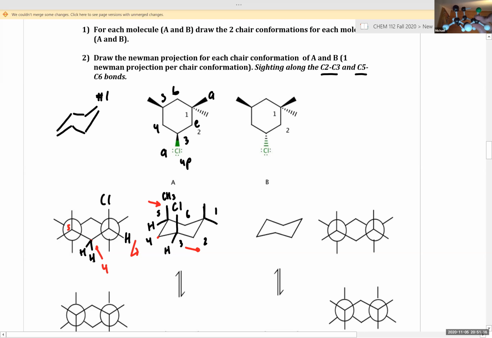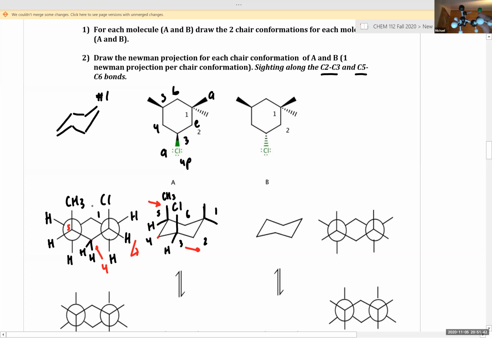Okay, now as we notice also, we have a methyl group pointing up top, and we have a hydrogen pointing to the left. Now let's fill out our remaining positions. So in the back on carbon 6, we just have our 2 hydrogens. Okay, in the back of carbon 3 on carbon 2, we have our 2 hydrogens.